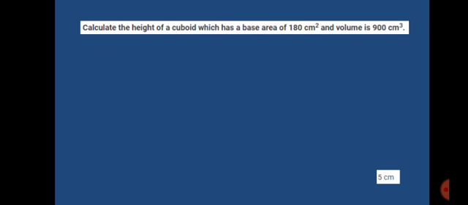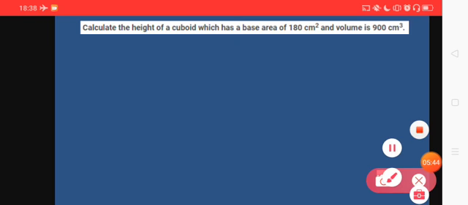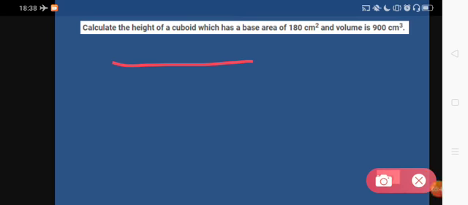Calculate the height of a cuboid which has a base area of 180 centimeter square and volume 900 centimeter cube. We have to find the height of a cuboid. What is a cuboid? A cuboid is created from a rectangle.